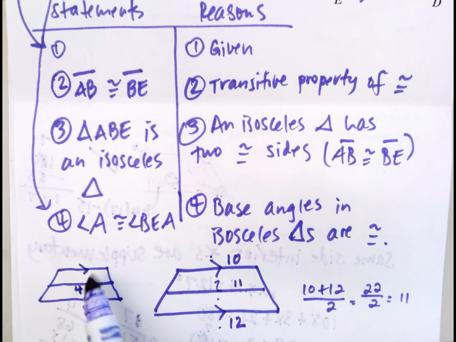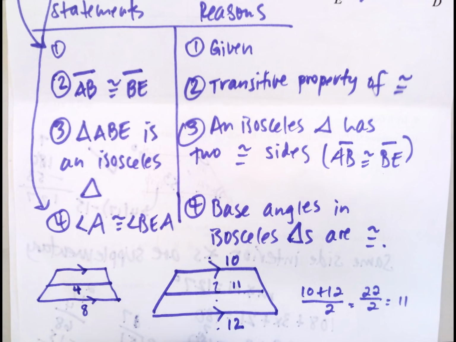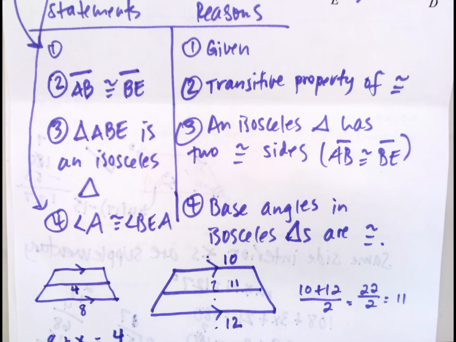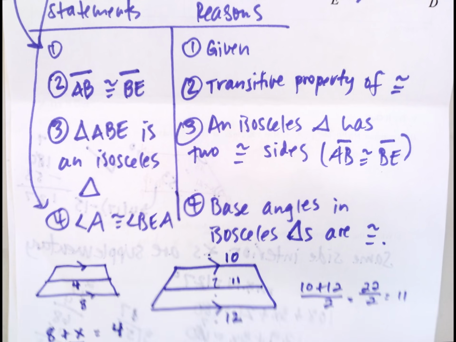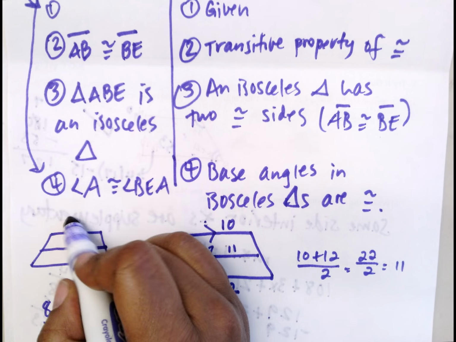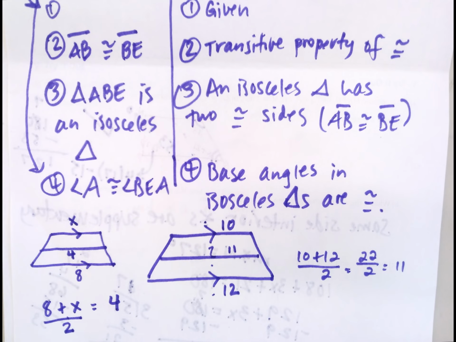How do I know what this third side is? Well, I would take 8 plus x divided by 2 and set it equal to 4. Okay? 8 plus x, because this side would be the side that's unknown.